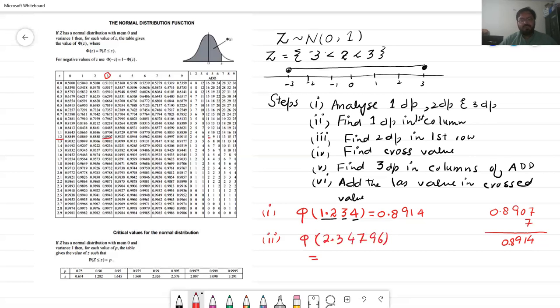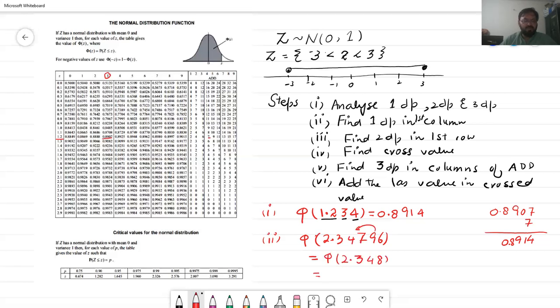If the fourth digit is 5 or more than 5, you have to add 1 to the preceding number. So you write 2.348. Sorry, mistake over here.